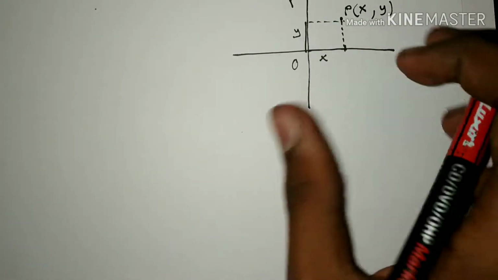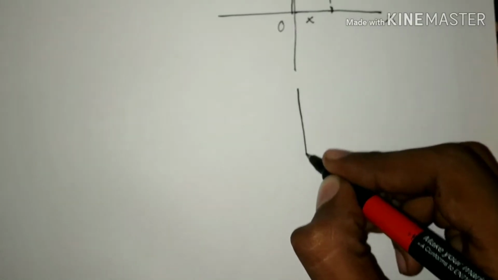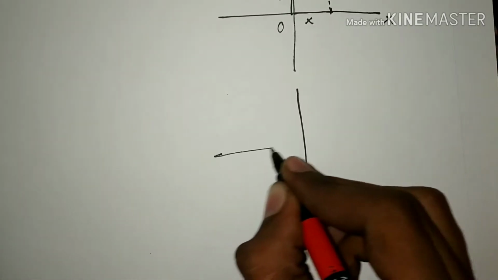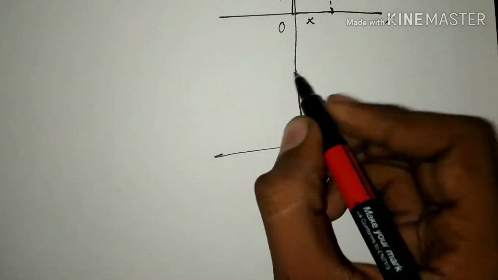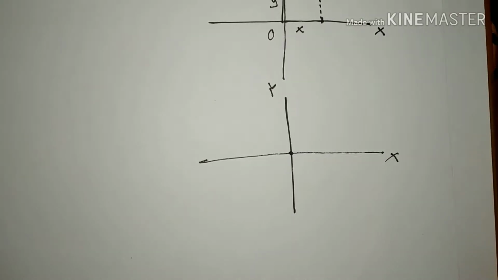Now apart from this we also have the polar coordinates. In polar coordinates we have that same rectangular axis, but we do not measure the coordinates of the particle.